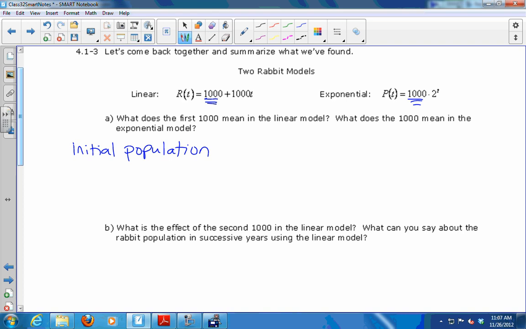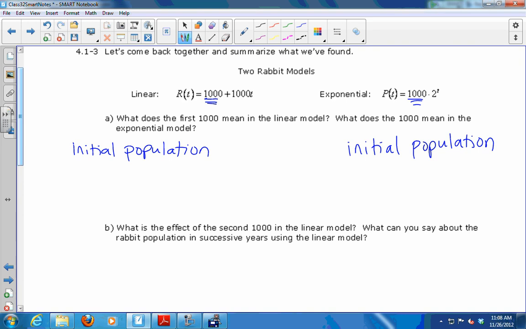Initial population again. The 1,000 rabbits that we started with. So both of my 1,000s in my two formulas represent the initial population.